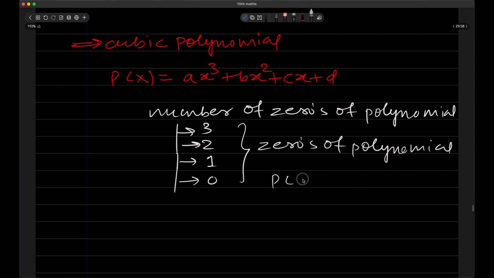That means if we put p of x equals 0, we will get either 3, 2, 1 or 0 zeros of the polynomial.